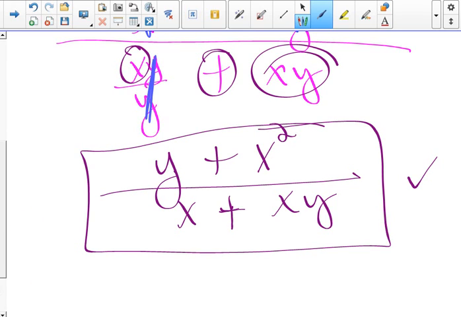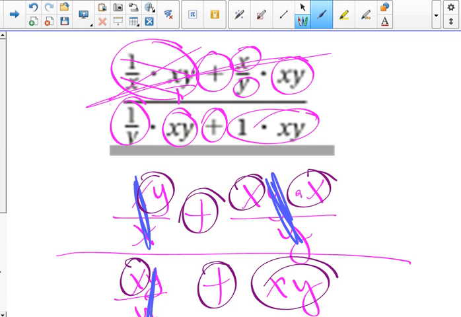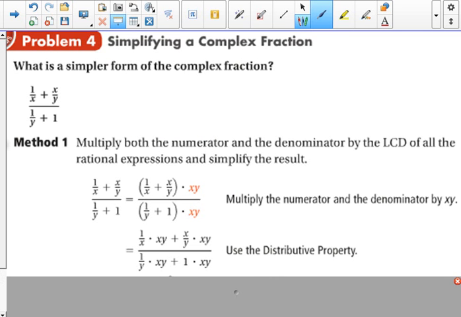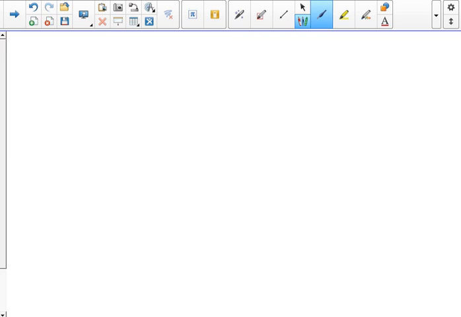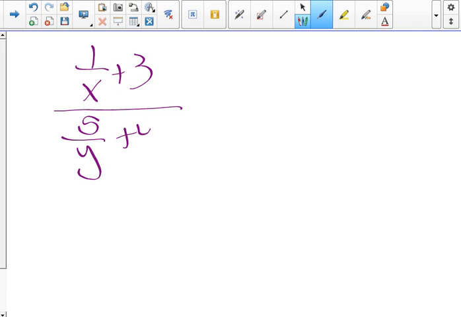Let's look at number 10 on your homework on the back side of your paper. Number 10, we have 1 over x plus 3, all over 5 over y plus 4. Okay, so let's turn everything into a fraction. Now let's get all of our denominators.